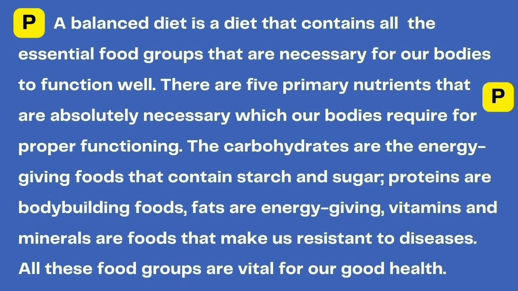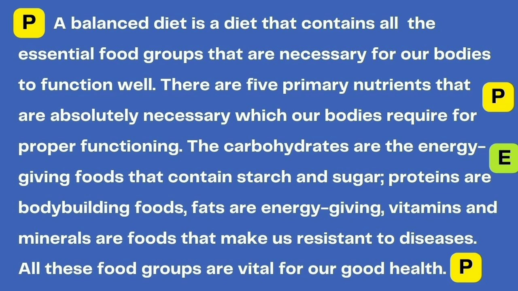The second sentence is also expressing a point. The third sentence is providing examples and explanations, and that sentence is directly linked to the second sentence. The fourth sentence is also expressing a point. It says all these food groups are vital for our good health. Does that sound familiar? I think it does. It may be a case of repetition.